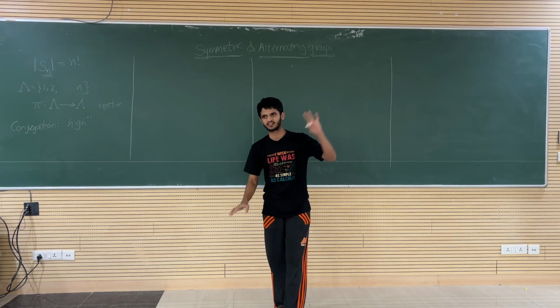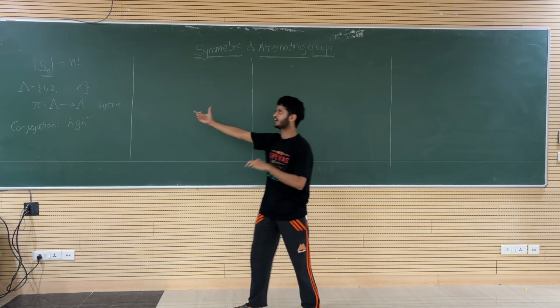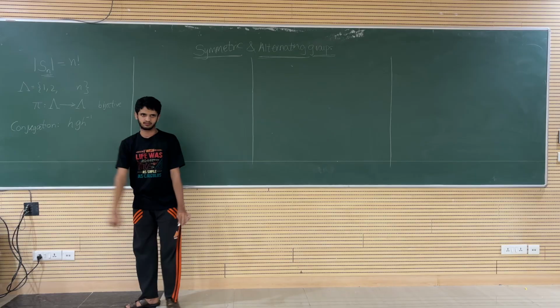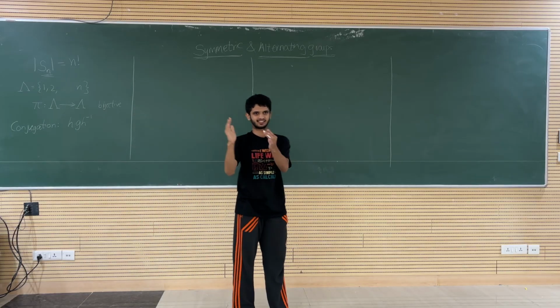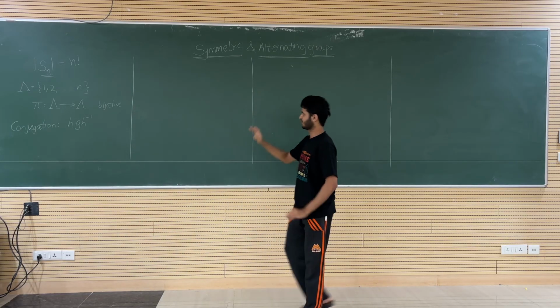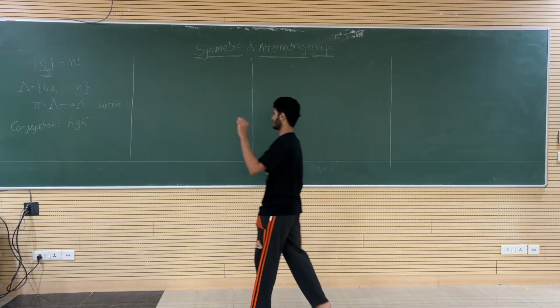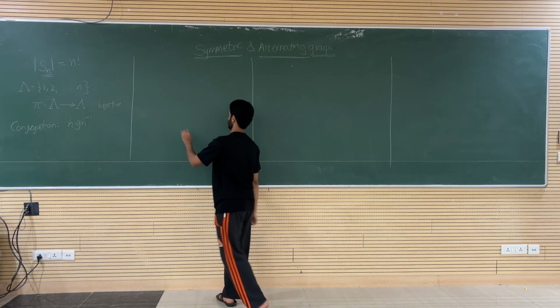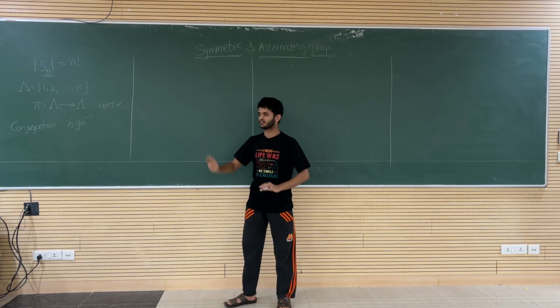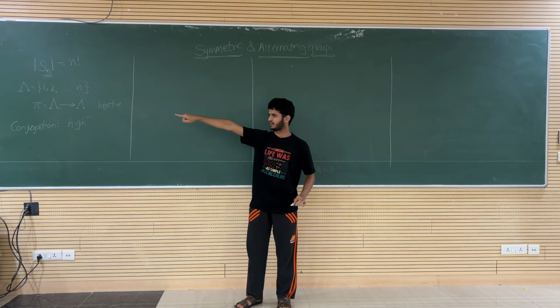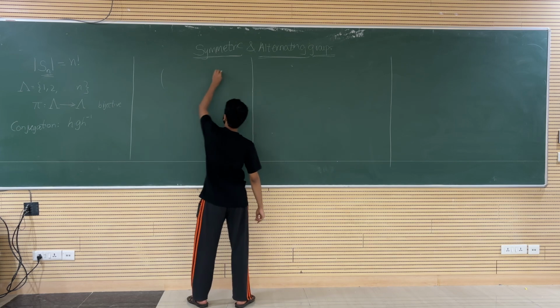Before doing that, we will talk about how you depict each element in Sn. This is not about representation. You will know cyclic structures, writing in cyclic structures and all. I want to tell about that for the first few minutes, then we will start. The worst way to write this bijection is like this.